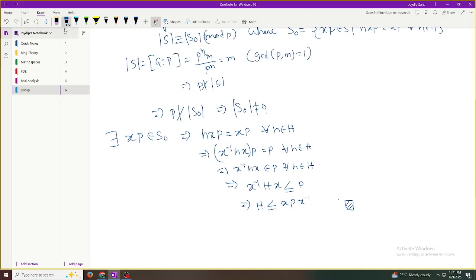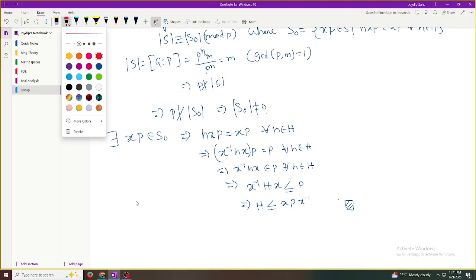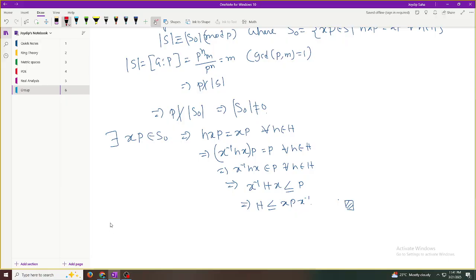Okay. Now last one is third Sylow theorem.